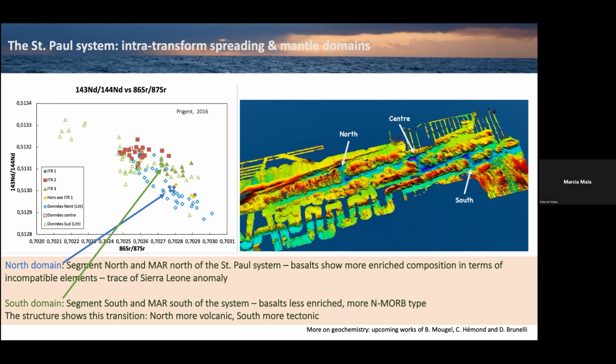And what we see is that the structure of the segments shows this change in mantle nature.